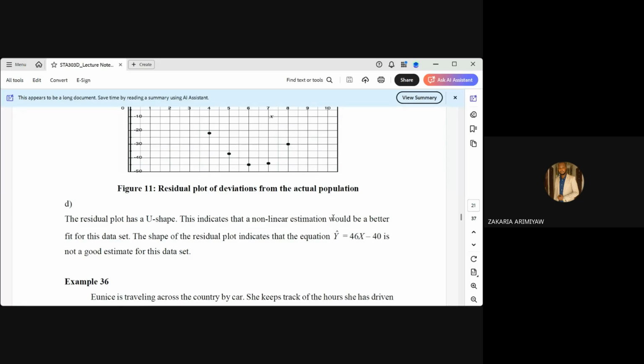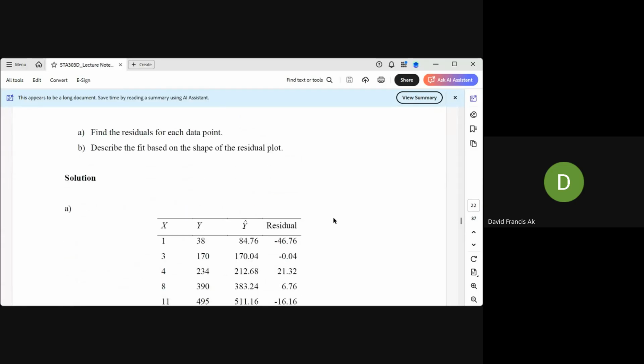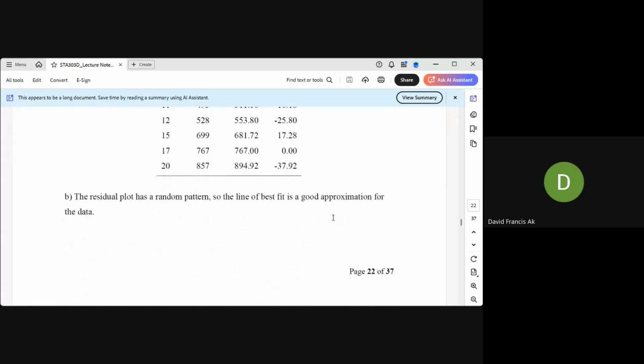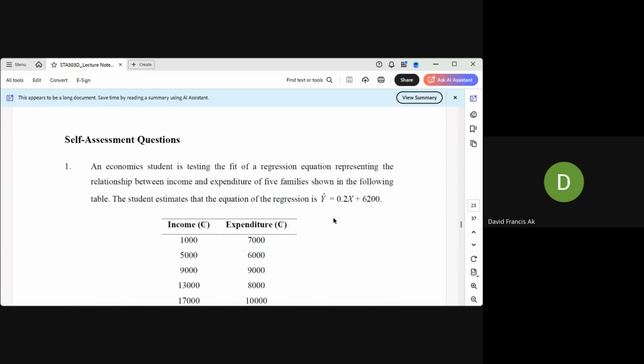Is there any question? Okay. Yes, please, what about if the pattern of the residual is linear? If the pattern is linear, that's one still for us to remember the model itself is linear.